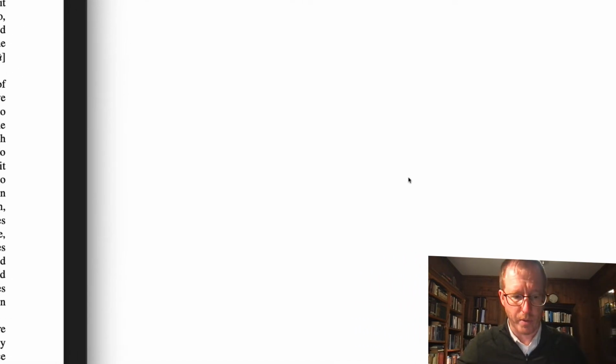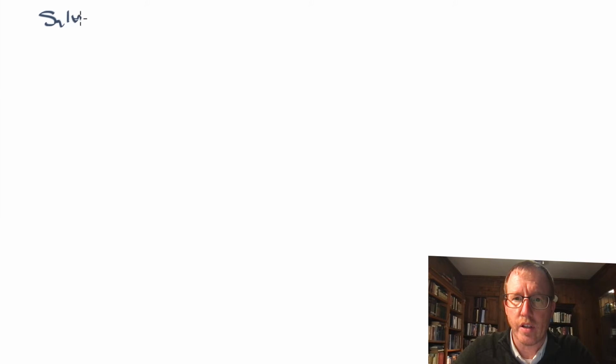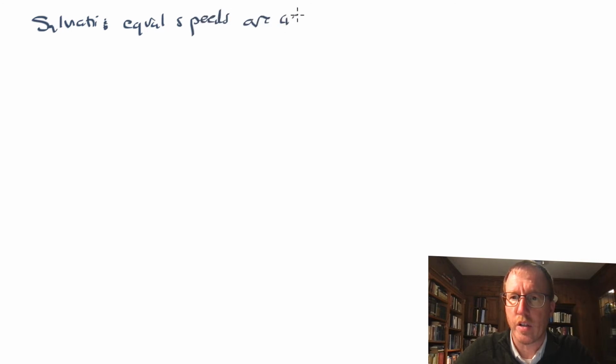If you look at my sketchbook for a moment. So remember, the idea that Salviati has is that equal speeds are acquired in equal increments of time.